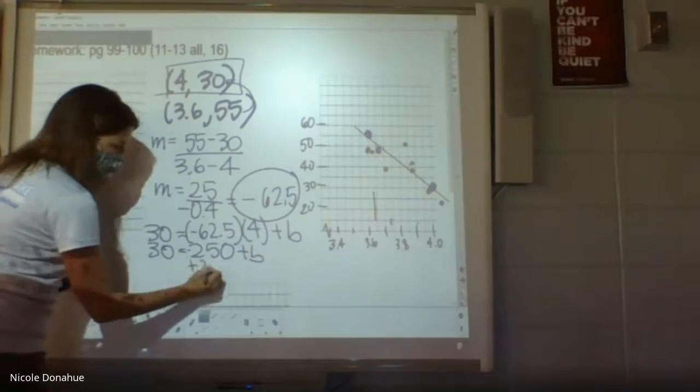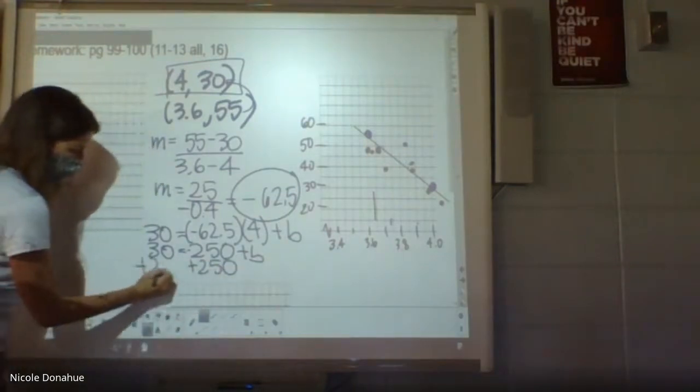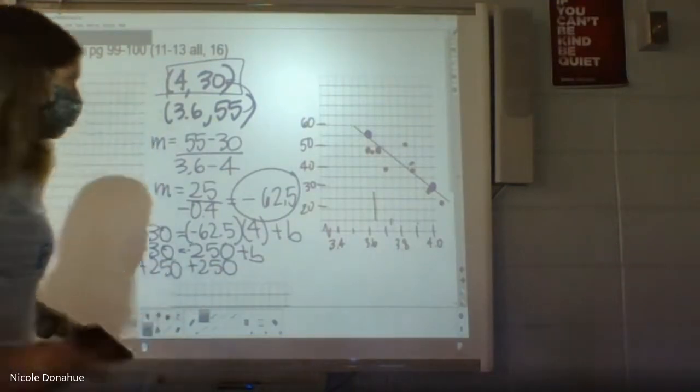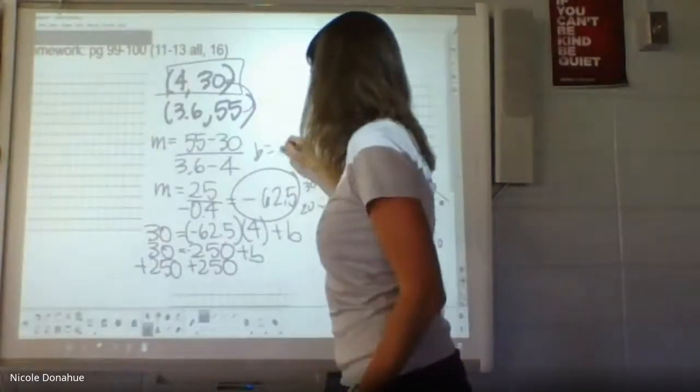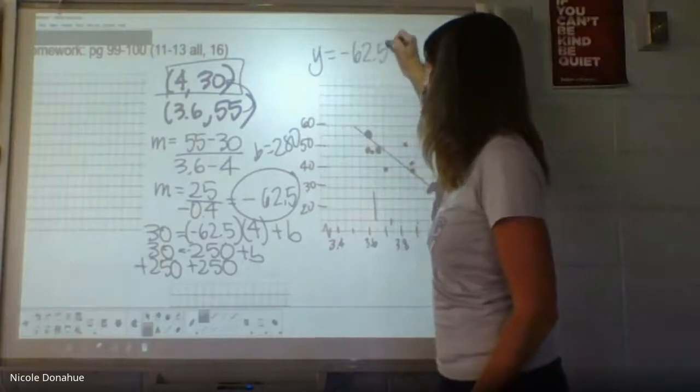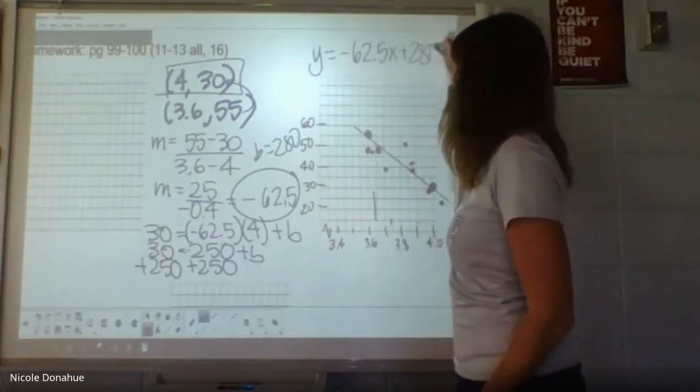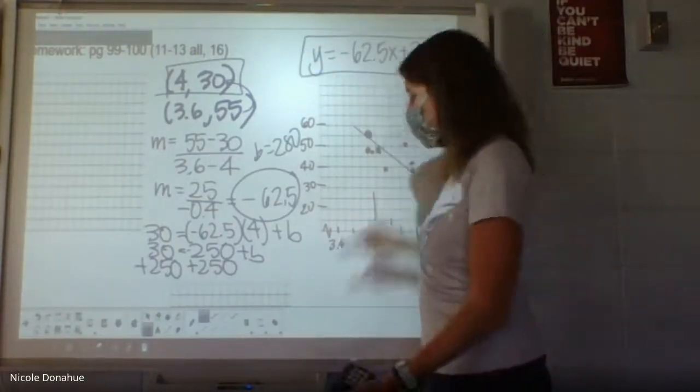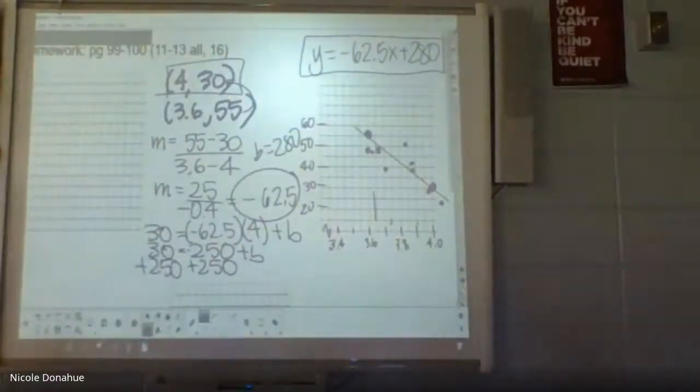So I'm going to add 250. That's 280, my b. So that's our equation of our line of best fit. My b in my answer key was 226. So not super close, but again, in the ballpark.